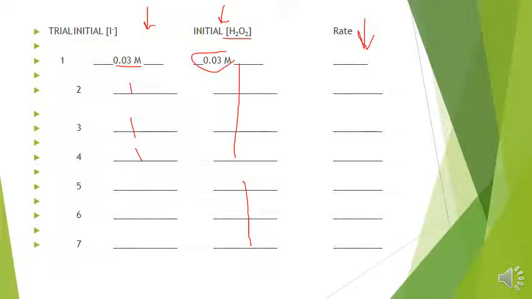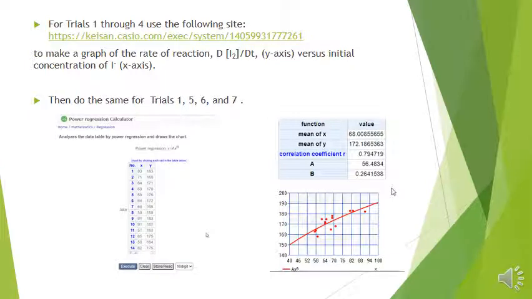From those two things, we'll find out the exponents associated with our rate law. So we have rate is equal to k times the I concentration to some power, and then H2O2 to some power.